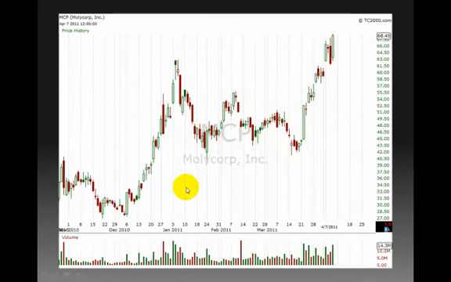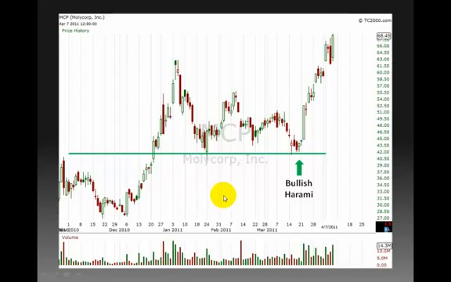Okay, looking at a chart of Molycorp, we've had a nice run up, and I just want to show you how our scans and our system produced a signal to enter this trade long. We found a bullish harami pattern that formed on horizontal support as well as dynamic support, and actually this pattern came after a couple different days.